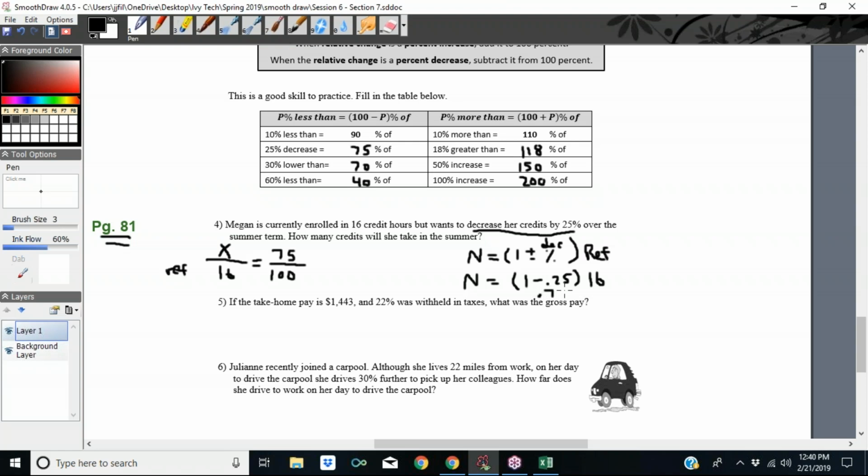So again, it's going to be 0.75 times 16. And that's what this ends up being. 75 times 16 is 1200, divided by 100 is 12. 0.75 times 16 is 12, so 12 credits.